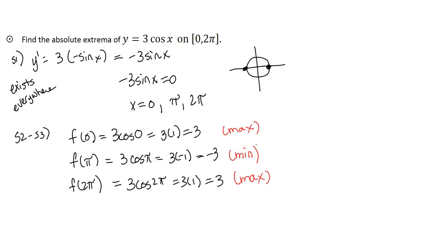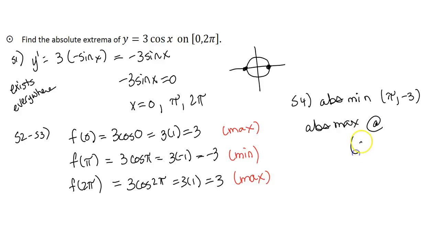So there's actually a tie. So for step 4, we would say that we have an absolute minimum at pi, negative 3, and we have an absolute maximum at 0, 3, and 2 pi, 3. So the maximum is 3, and it exists at both 0 and 2 pi.